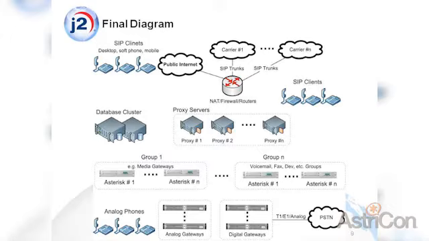The proxy server knows the phone. It can do authentication, and it can filter any request that is not intended for that environment. Then when it has done the pre-processing and authentication, it forwards the call to the Asterisk server.